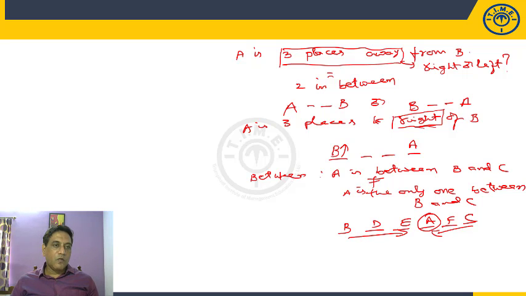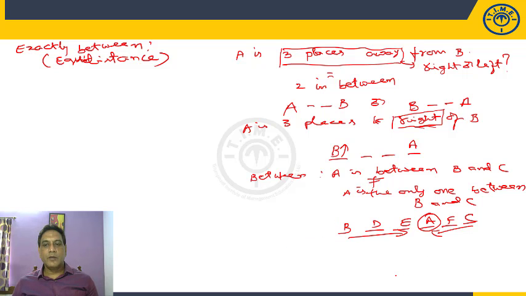Then, what do we mean by exactly between? Exactly between means equidistance. Okay.